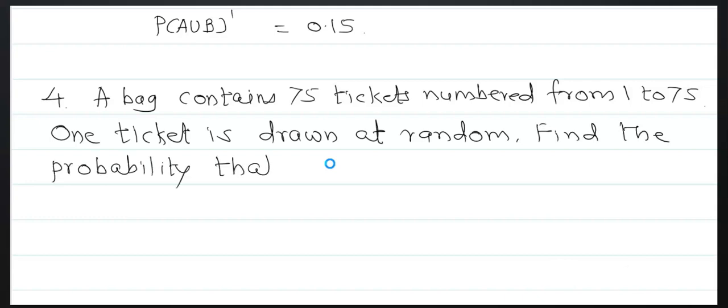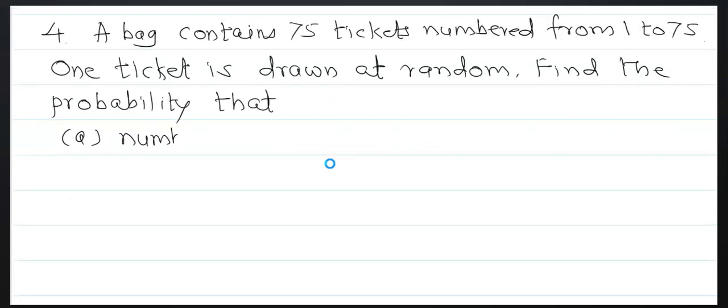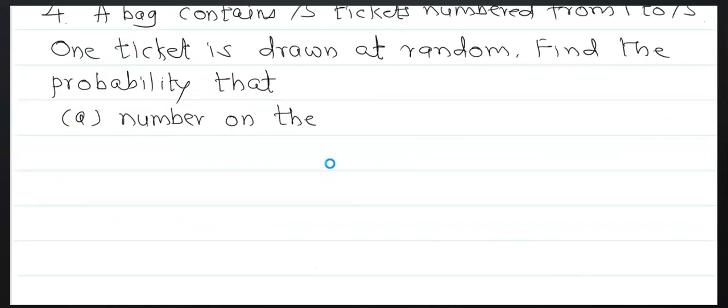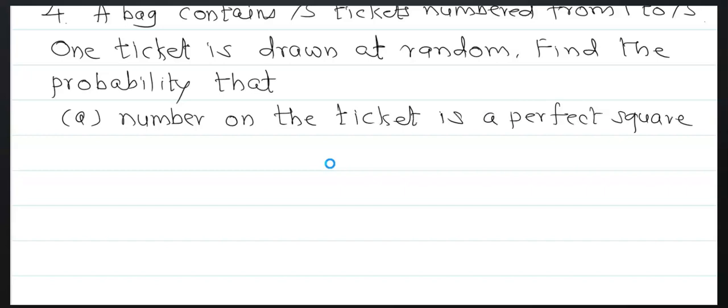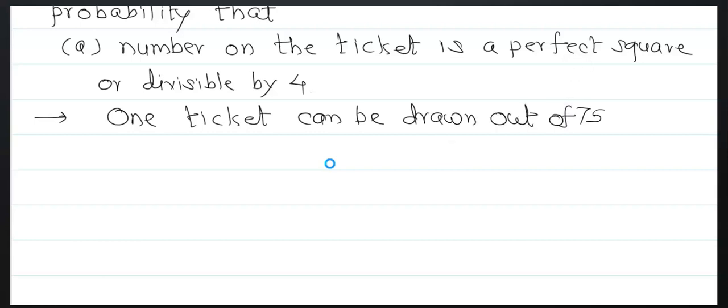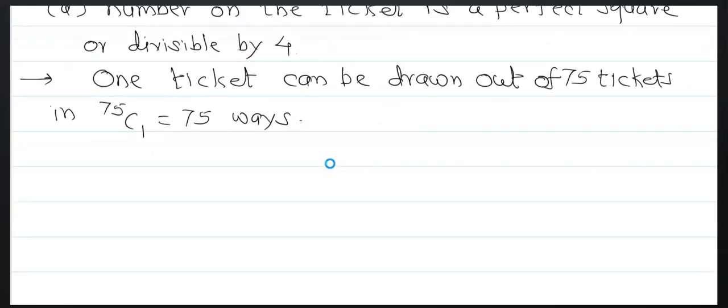Find the probability that first, the number on the ticket is a perfect square or divisible by 4. One ticket can be drawn out of 75 tickets in 75C1 ways, that is equal to 75, N of S.